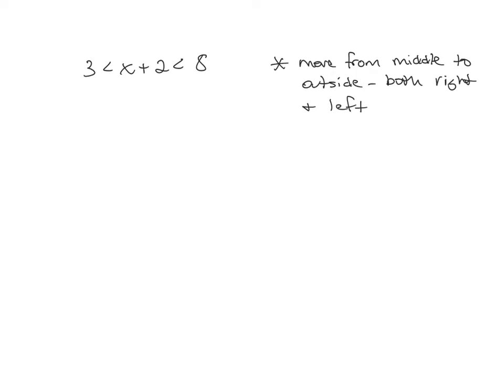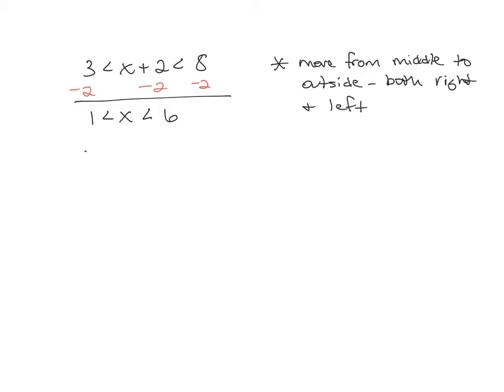So that's +2, so I subtract 2 to the right and the left. So I get 1 right here, x, that's 0, which is what I wanted, and 6.